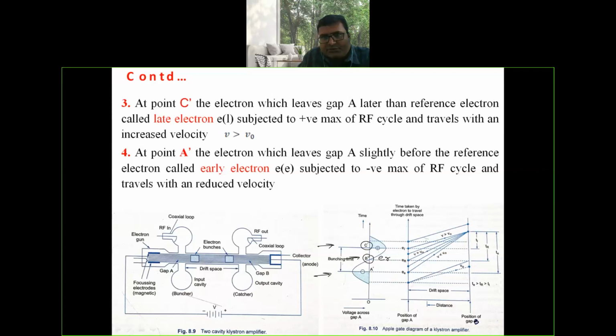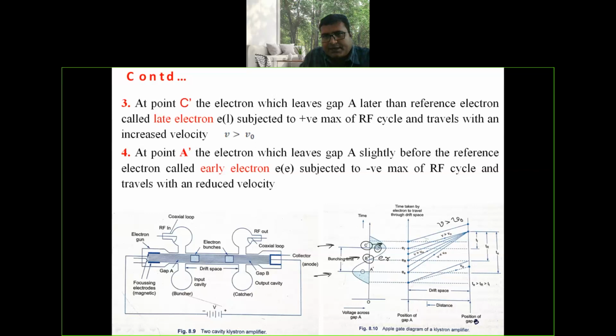And here the electron which leaves gap A at this particular instant is subjected to positive maximum of RF cycle, and moves with increased velocity, that is V greater than V naught. That is at point C dash, the electron which leaves gap A later than the reference electron, called late electron, is subjected to positive maximum of RF cycle and travels with an increased velocity V greater than V naught.